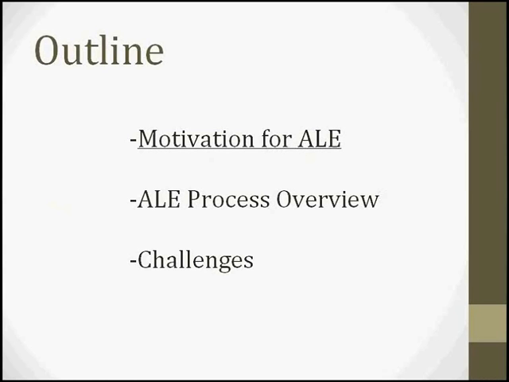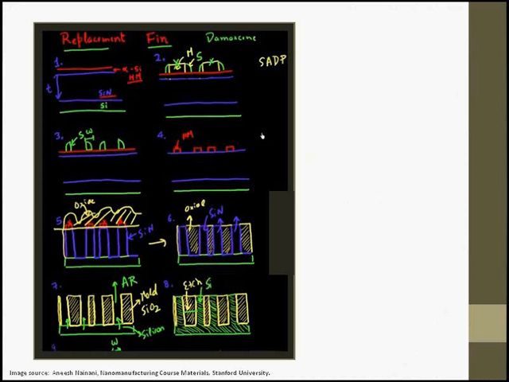So we'll start with talking about some of the reasons why we would want to do ALE, and then go into a little bit more about how it's done and some of the challenges. So in a self-aligned double patterning FinFET flow, we are going through several different etch steps in sequence in order to create our final dimensioned fin.